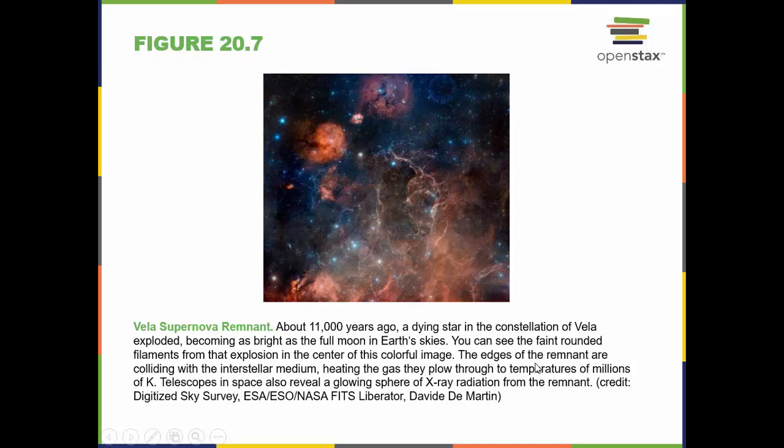If we look at the edges of the remnant, they're colliding with the interstellar medium, heating the gas that they're plowing through to temperatures of millions of Kelvin. So this is really hot. Telescopes in space also reveal a glowing sphere of X-ray radiation from the remnant.